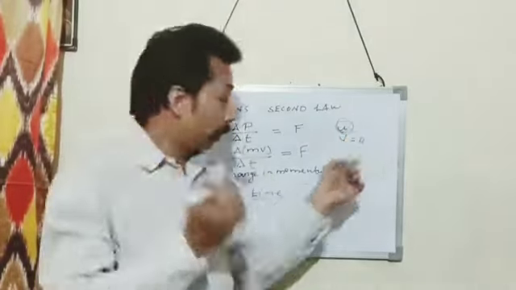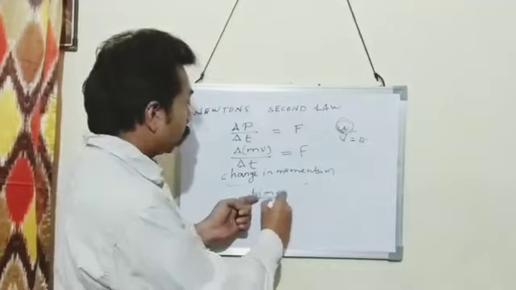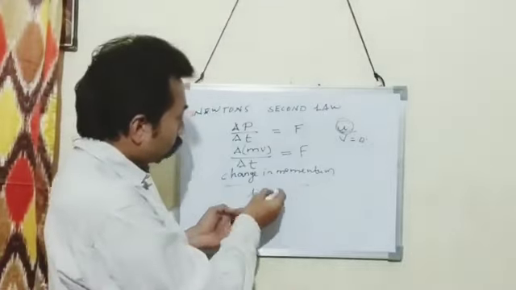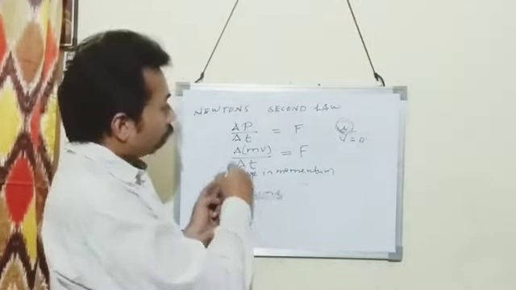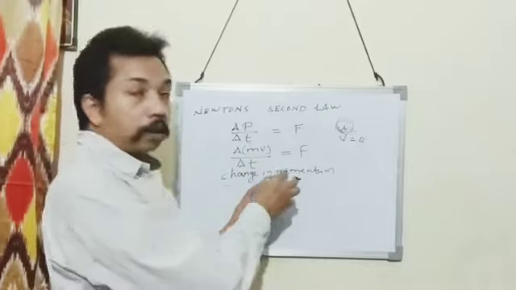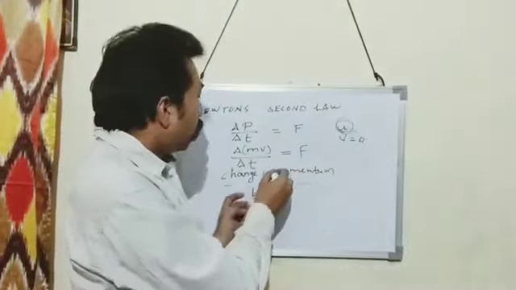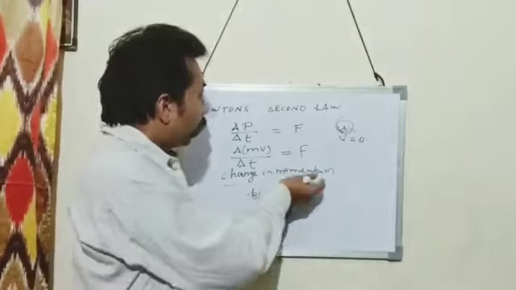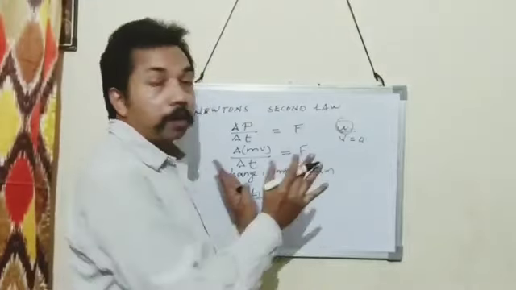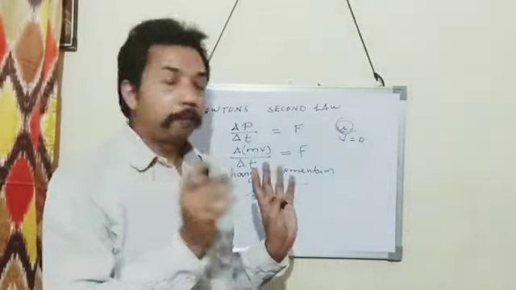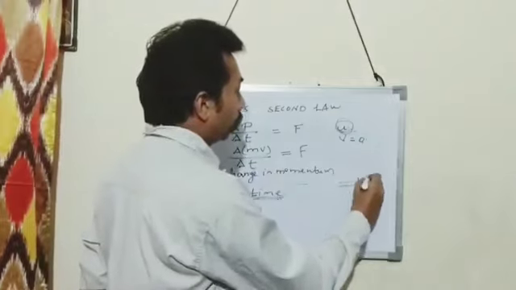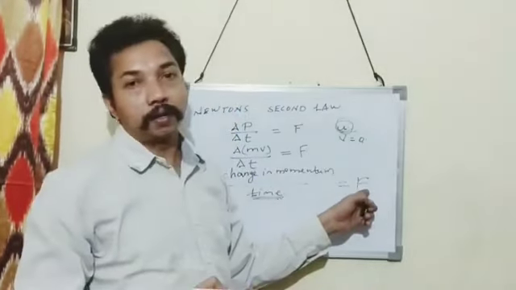So time can be increased. When the time is increased, naturally when the denominator is more, the value as a whole will come less. So the change in momentum upon time, that value will be less. So less force will be acting on his hand.